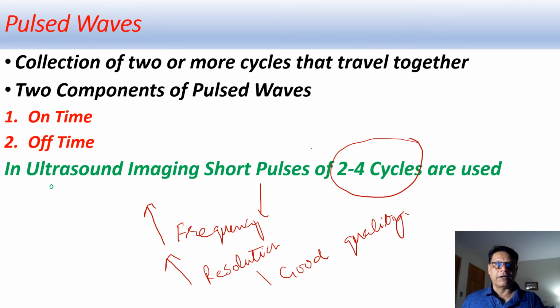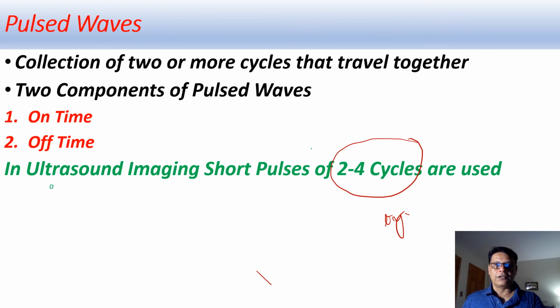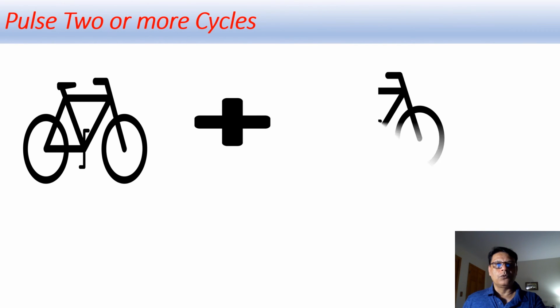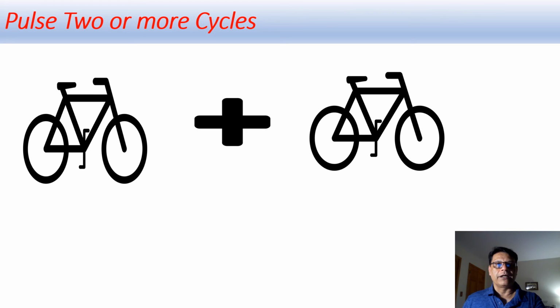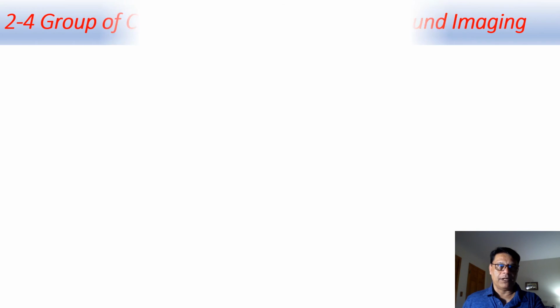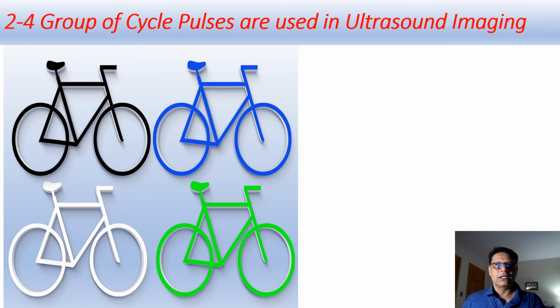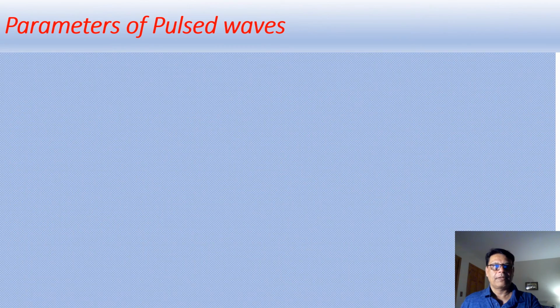So that should always be in your mind, that resolution is a trade-off with penetration. Again, 2 or more cycles is called a pulse, and groups of 2 to 4 cycles are used.